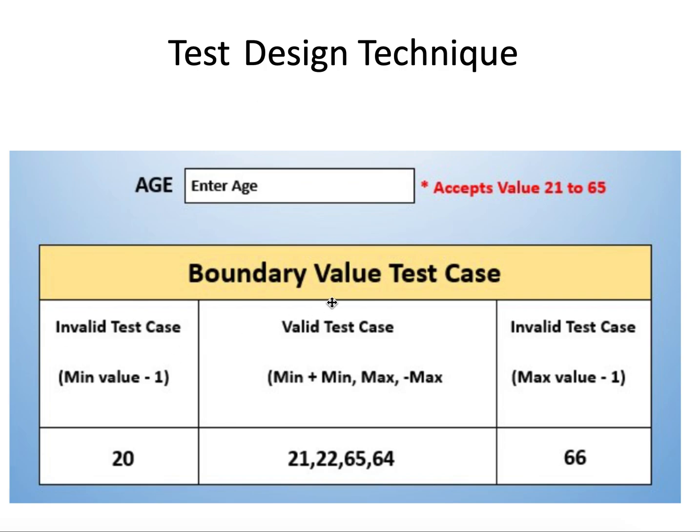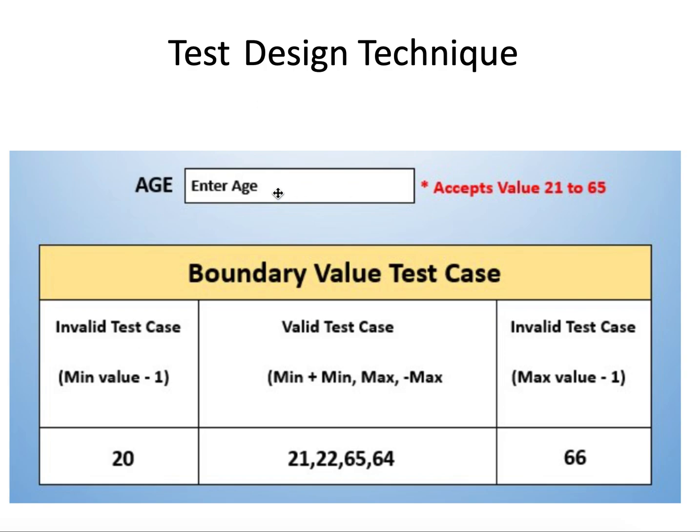So we'll see another example of boundary. Invalid test cases are the minimum value minus 1 and the maximum value plus 1, and the valid test cases will be 21, 22, 65, 64 for this particular range. Now this is another example, if the range is between 21 and 65. Suppose a is equal to 21 and b is equal to 65.